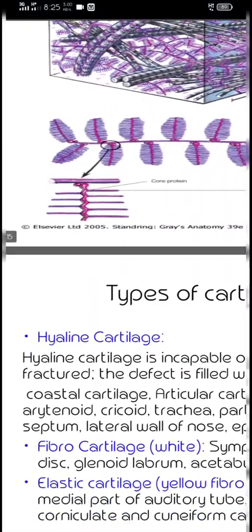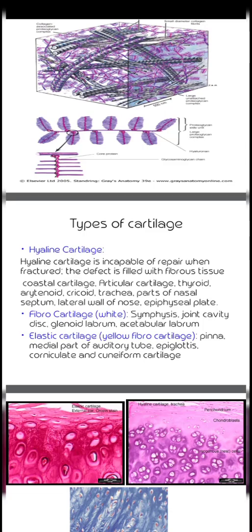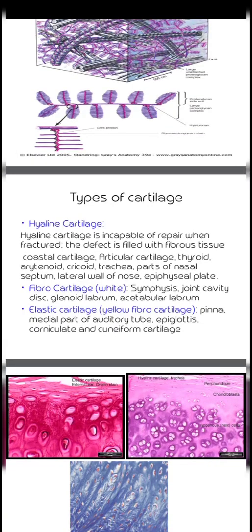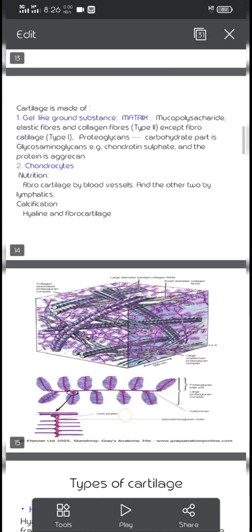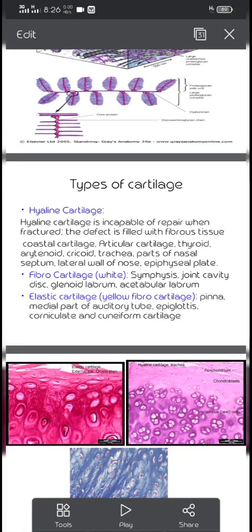There are three types of cartilage: hyaline cartilage, fibrocartilage, and elastic cartilage. Hyaline cartilage is the cartilage that contains type 2 collagen.